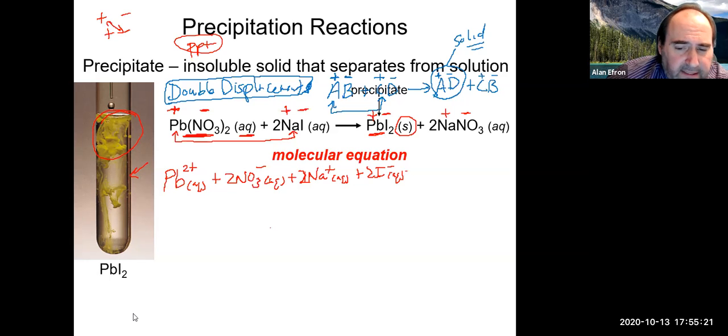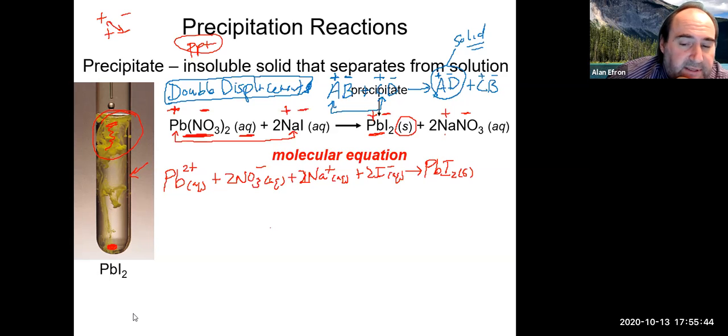Now, when we come to the other side, we make this yellow guy, which will come out as a solid. That means it is not going to break apart. In order to make that solid, those ions need to come together, and in that solution it is staying together. So we would keep the solid together.